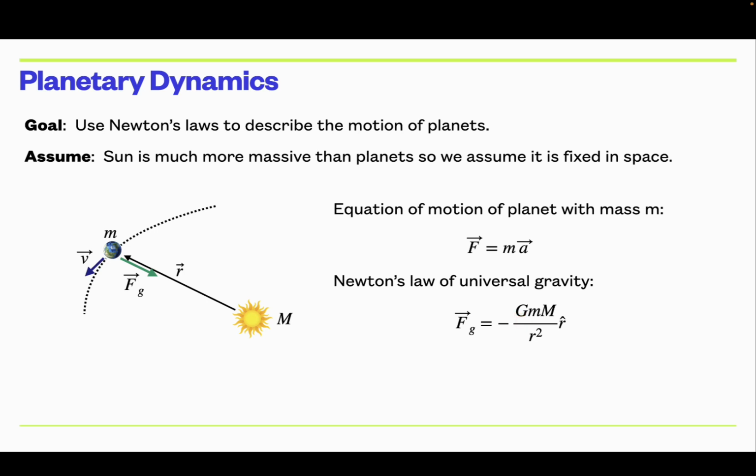G is the constant of universal gravity, and r hat is a unit vector that points in the same direction as r. So it points from the central object, the sun, say, towards the planet. So the negative sign means that the gravitational force is in the opposite direction as that unit vector, which means it's an attractive force pulling the planet towards the sun.